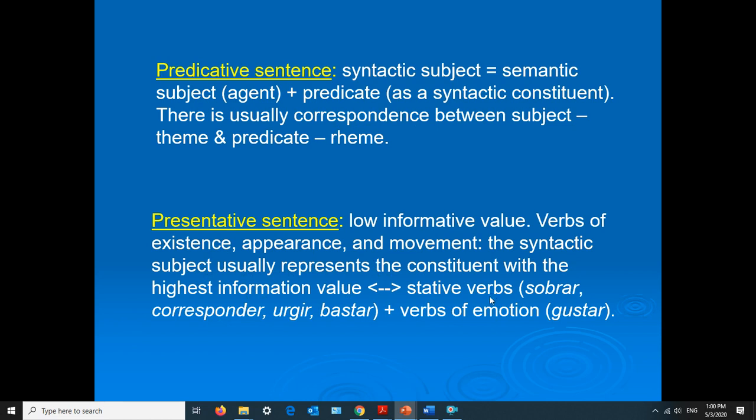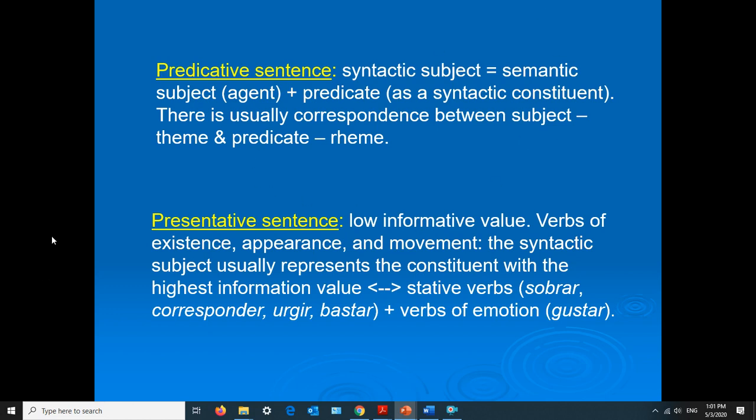So this is associated with stative verbs such as sobrar, corresponder, urgir, bastar, plus verbs of emotion like gustar. So if I say to you, me sobra el tiempo, the syntactic subject provides us with the most information, and therefore tends to be in sentence final position.